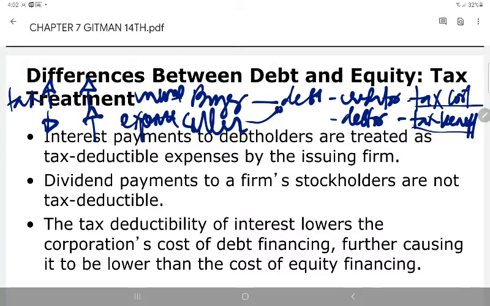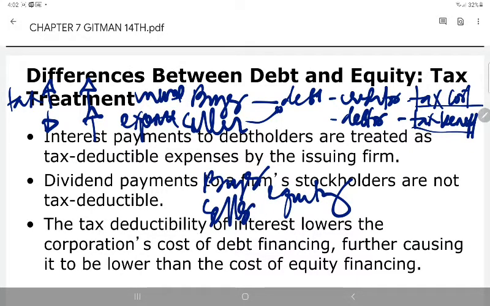On the other hand, okay, doon tayo sa equity. Buyer, seller. Diba? So if I'm the buyer of the equity, then I will be the owner. I'll be the investor. Diba?